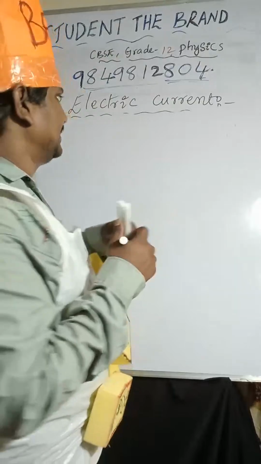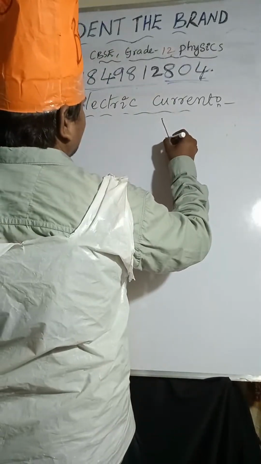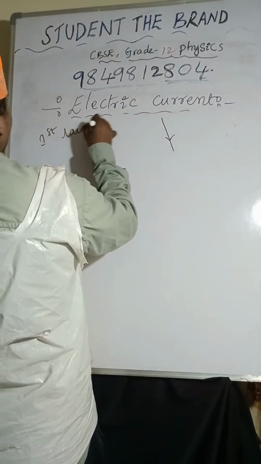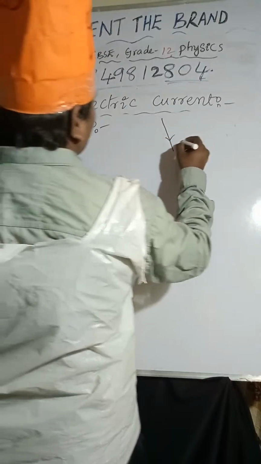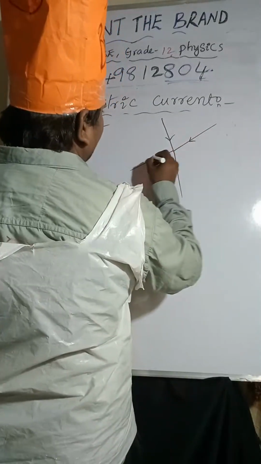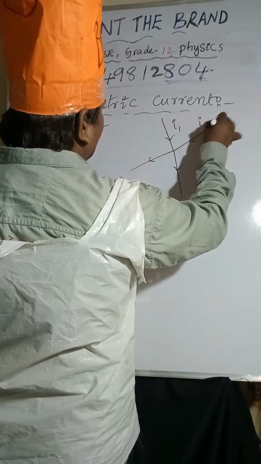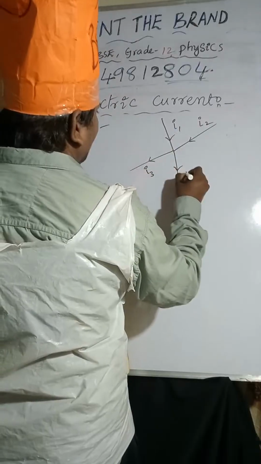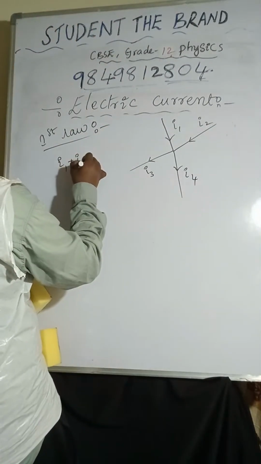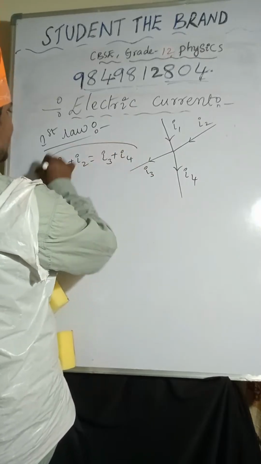Okay, so now Kirchhoff's law. The first law of Kirchhoff: the sum of the currents reaching the junction. Here current is reaching and current is leaving. So I1 plus I2 equal to I3 plus I4.